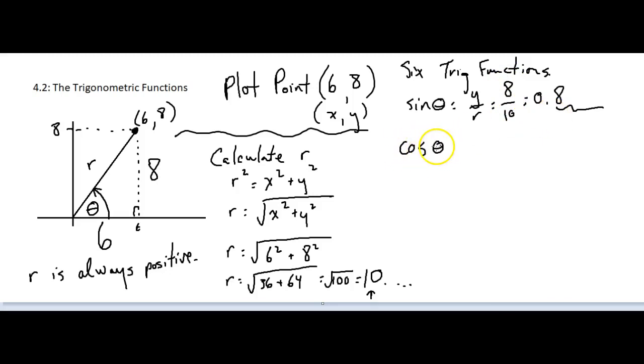So cos theta, what do you think that is? Cos theta is x over r, so that should be 6 over 10. As a decimal, that is 0.6.